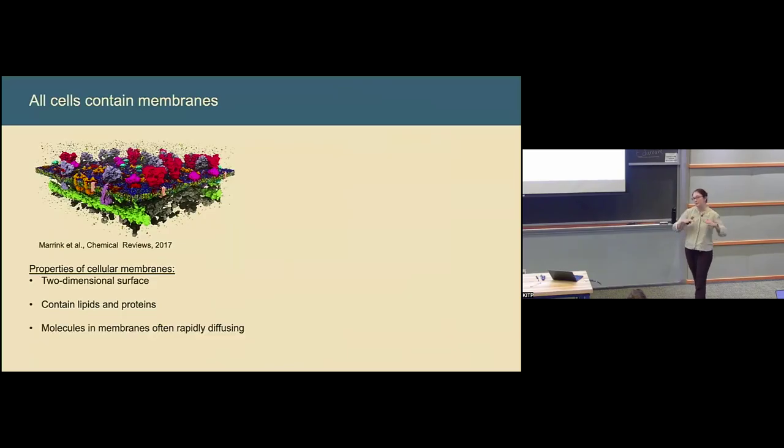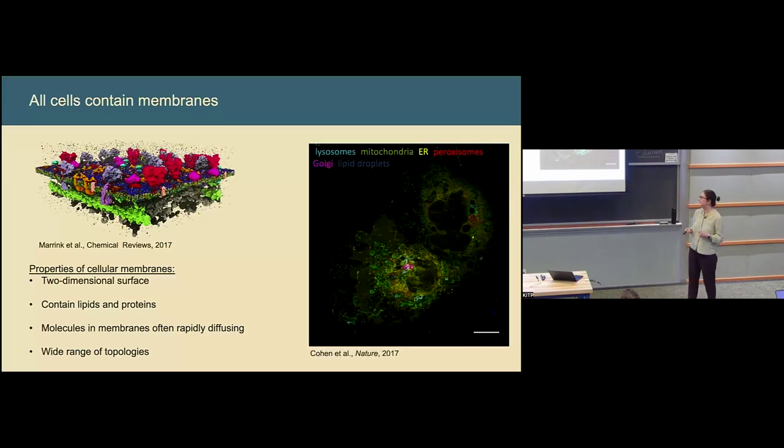Often the molecules in the membrane are rapidly diffusing in 2 dimensions. And something I won't talk about, but I do think is interesting, is they have a really wide range of topologies, like negative and positive curvature, and the topology can vary a lot. The experiments I do look at flat membranes, but I think moving forward, it's really interesting to think how curvature can also influence organization.